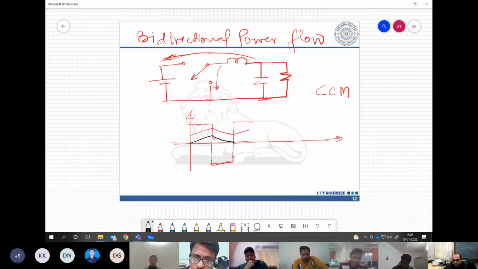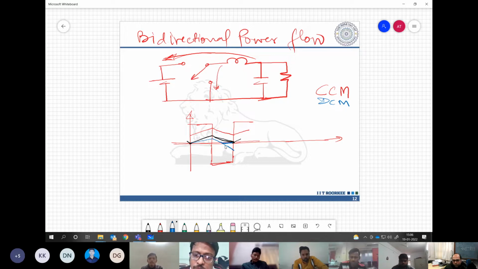Before entering into DCM, there is a boundary where it is touching zero and then going up. If you reduce the load further, the current will rise, then fall, and remain zero for some time. This is called DCM, discontinuous conduction mode. Now, instead of staying at zero, can there be a possibility that it goes negative?